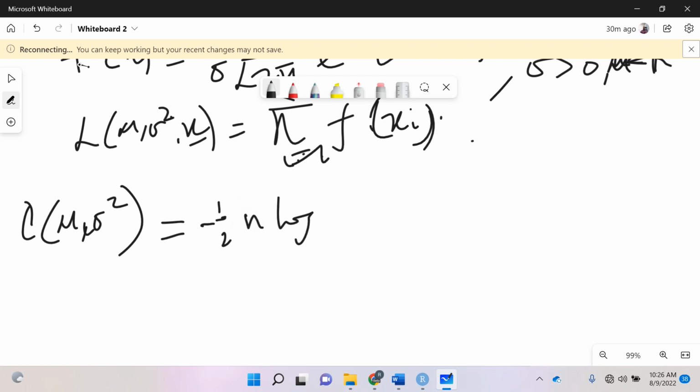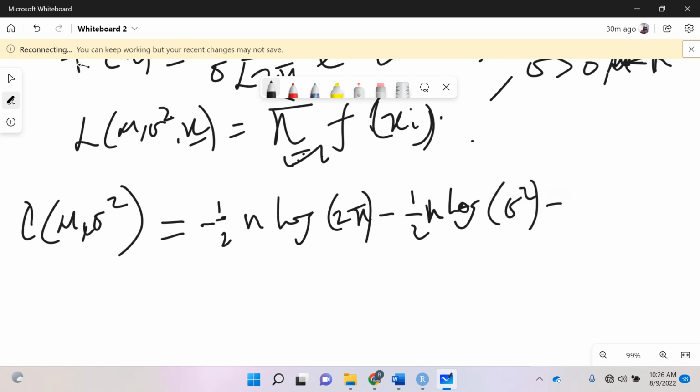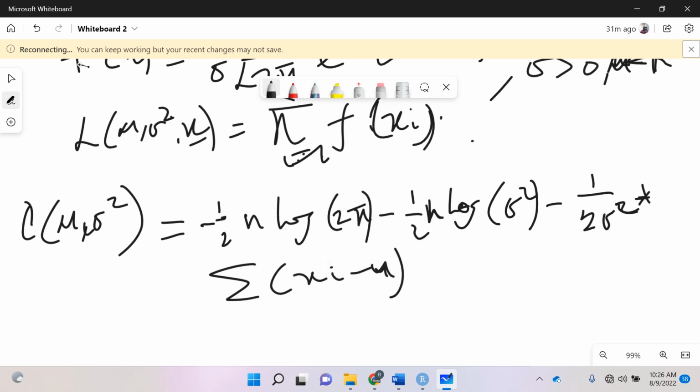n log 2 pi, minus half n log sigma squared, minus half, so 1 over 2 sigma squared, times the sum of xi minus mu all squared, something like that.